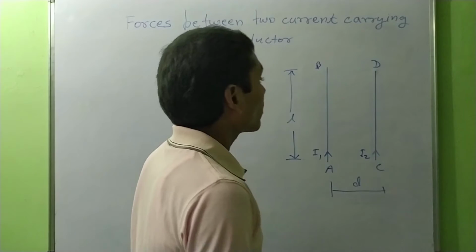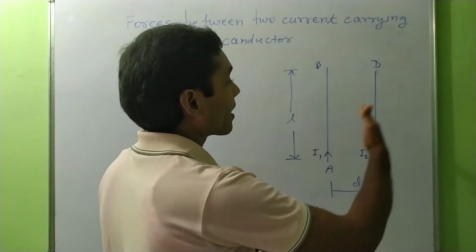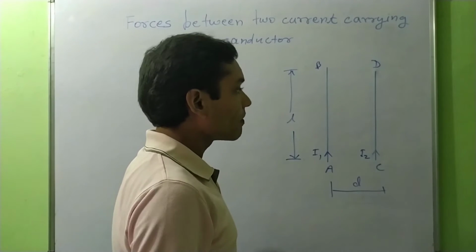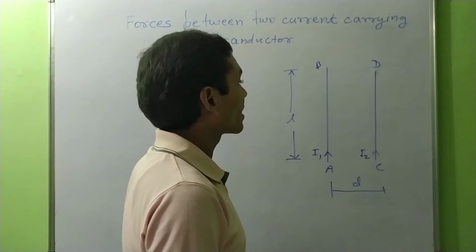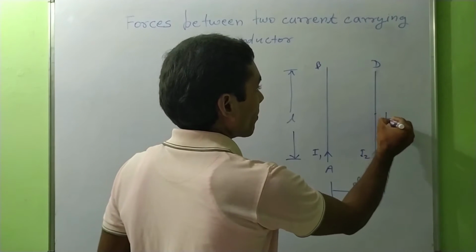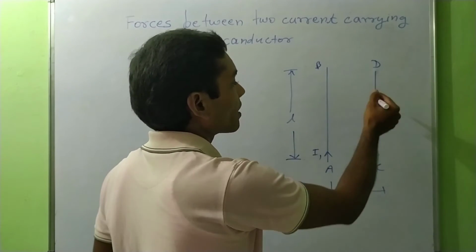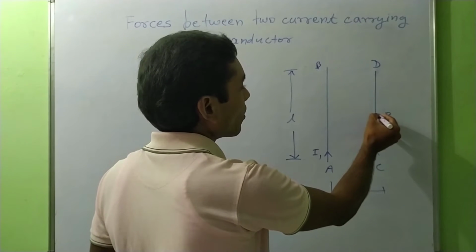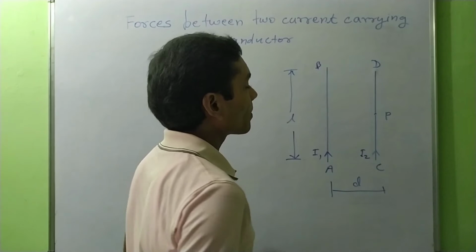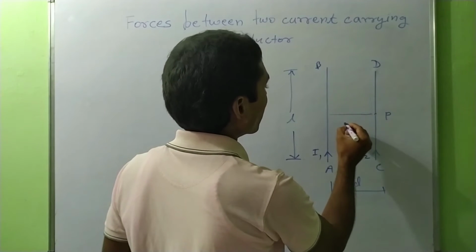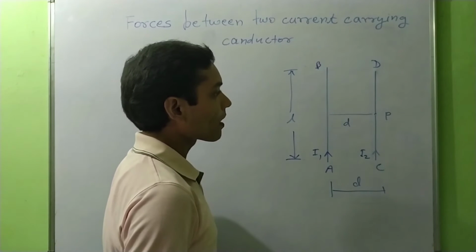What will be the direction of the magnetic field on the right hand side of the conductor AB? Consider a point P on the conductor CD; we have to determine the direction of the magnetic field at point P. The distance of this observation point is d.